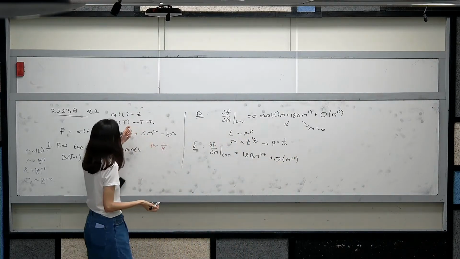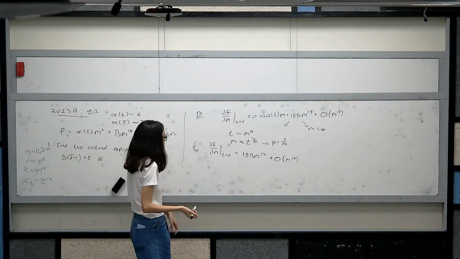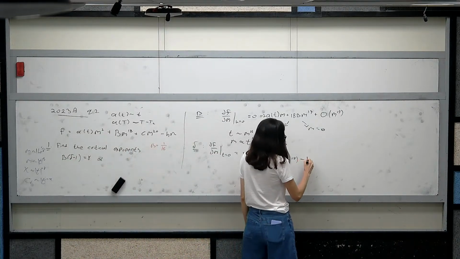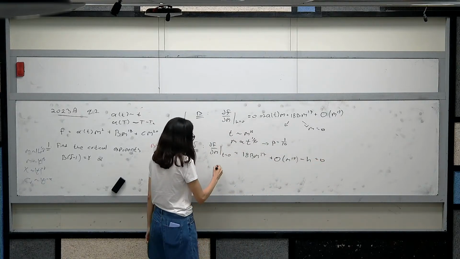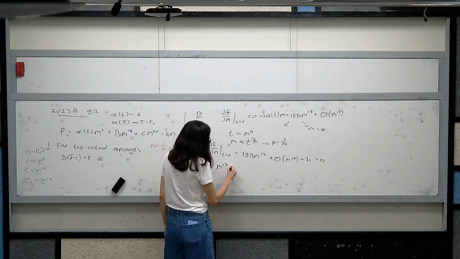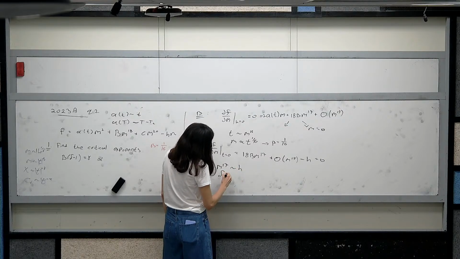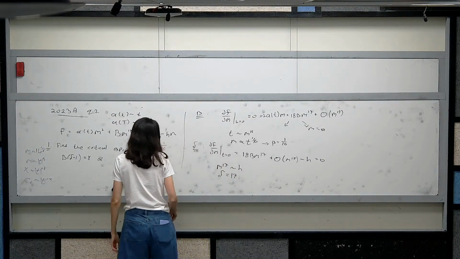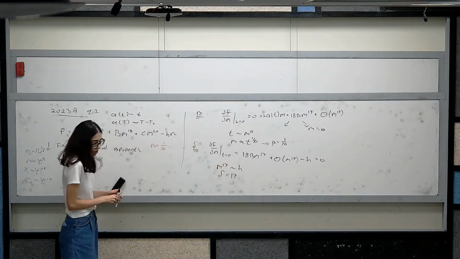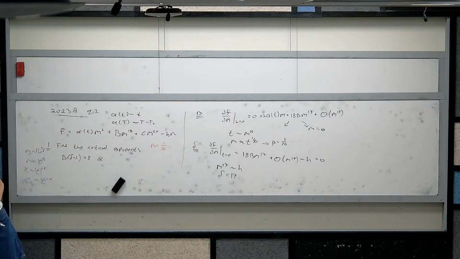And now we also have an additional term from the magnetic field, so we have minus h, and this is all equal to 0. So m to the 17 is proportional to h. So delta is equal to 17, right? 1 over 17 for the exponent. So that's it.